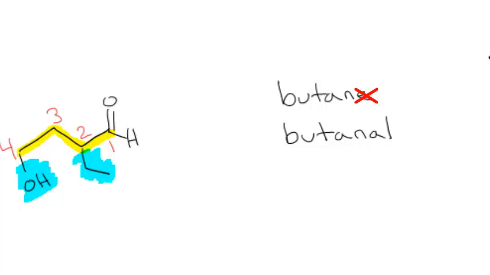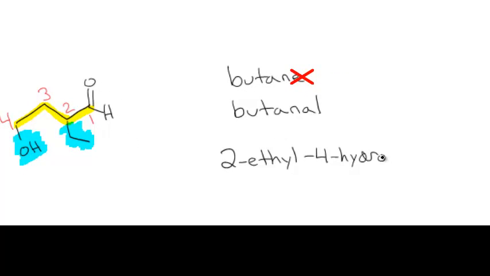So now all we need to do is just place the substituents in front of the parent name. Of our two substituents, ethyl goes first alphabetically. So this is 2-ethyl. Next substituent, 4-hydroxy.